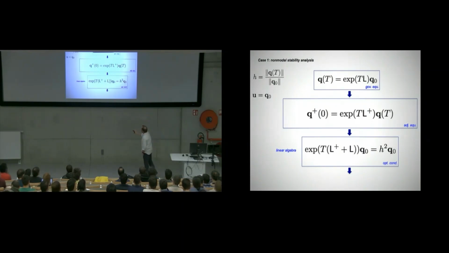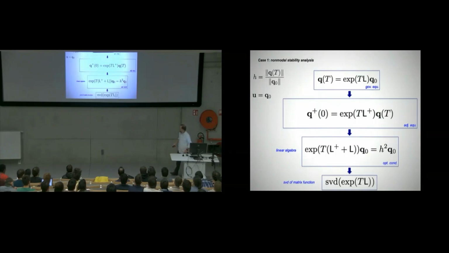So this one, if you break that apart, is e to the tL times e to the tL plus. So it's a little bit like the form A times A transpose. And an eigenvalue of an expression like this is the same thing as a singular value decomposition of just one of those components. And here it is, the SVD of the matrix function.